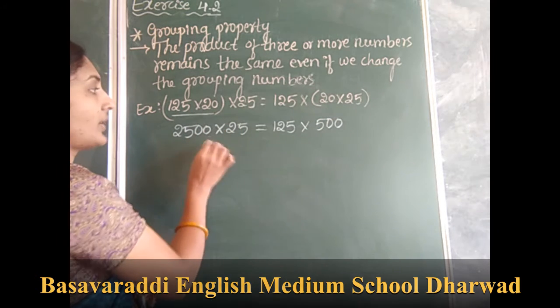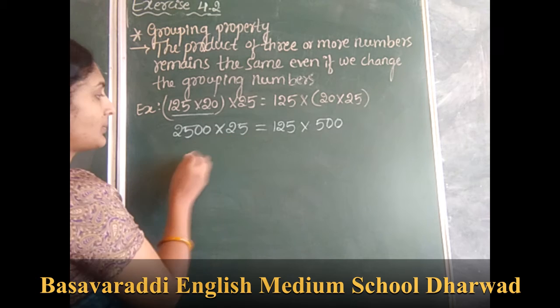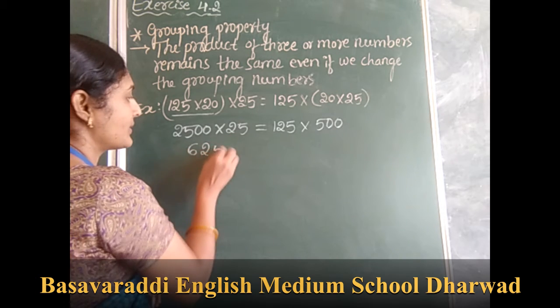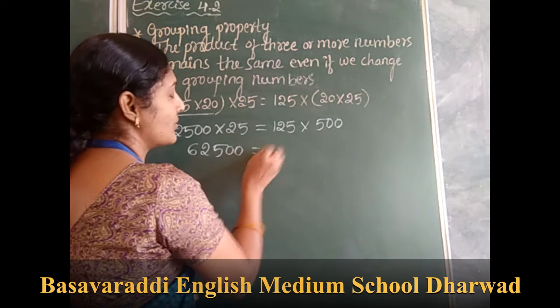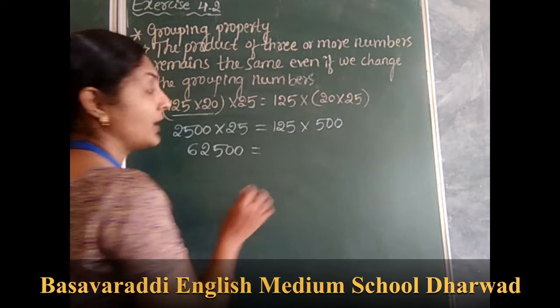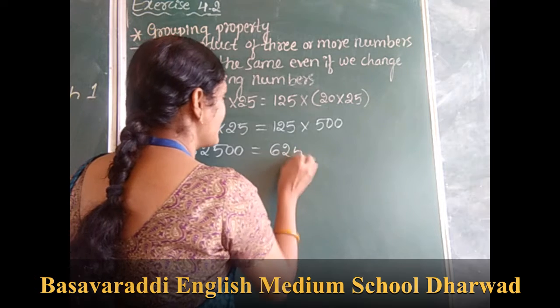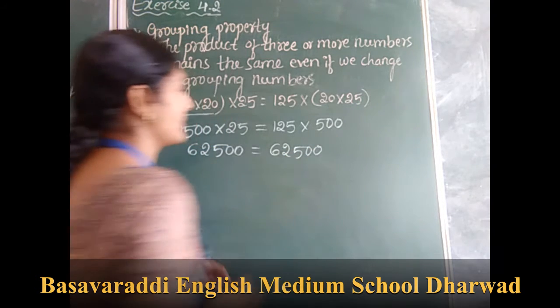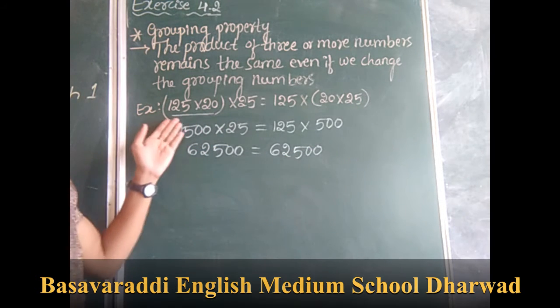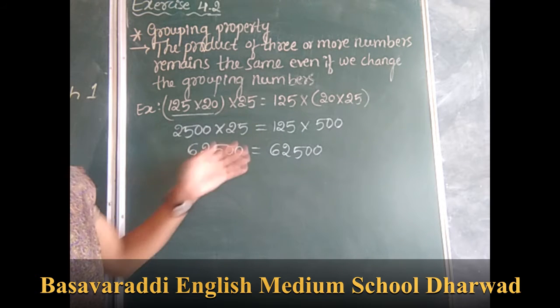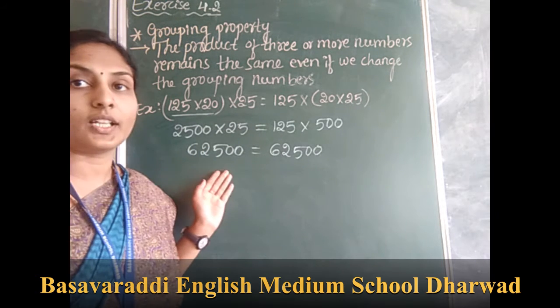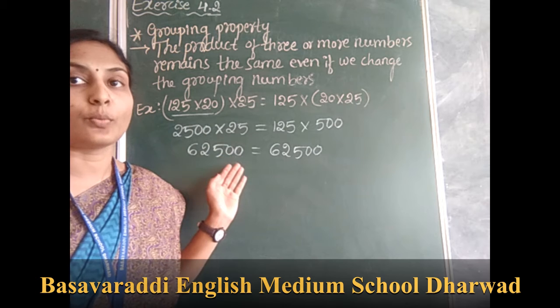The 2500 into 25, the product is 62,500, which is equal to 125 into 500. The product is also 62,500. So in this example, we applied the grouping property.